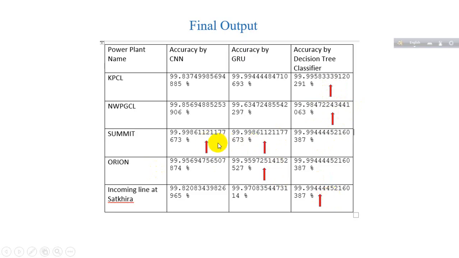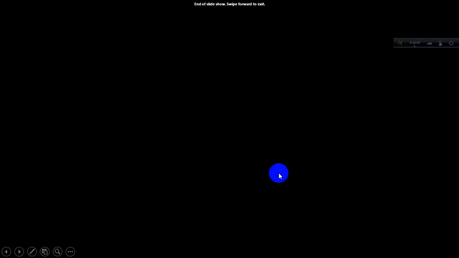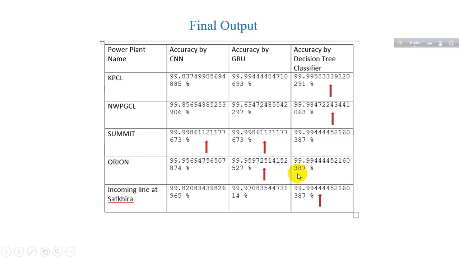And in the case of Summit, both CNN and GRU models worked well, and in the case of Orion, the GRU model performed less well. Actually, the decision tree classifier model was the best.